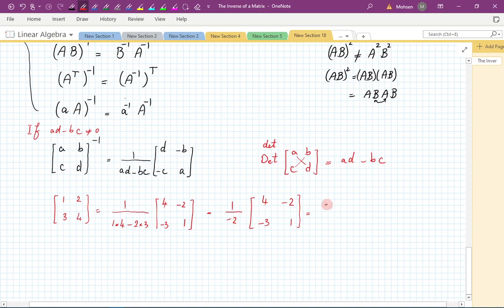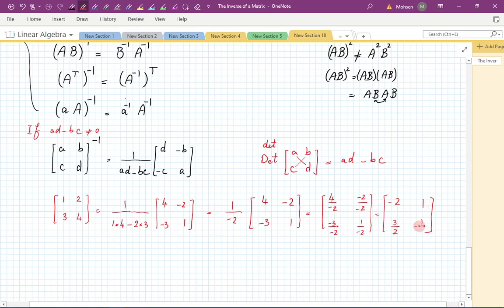Multiplying a matrix by a number means multiplying each entry of that by that number. So I just do that. I divided everybody by minus 2. Let's clean up. So 4 divided by minus 2 is just minus 2. This is going to be 1. This is going to be 3/2.